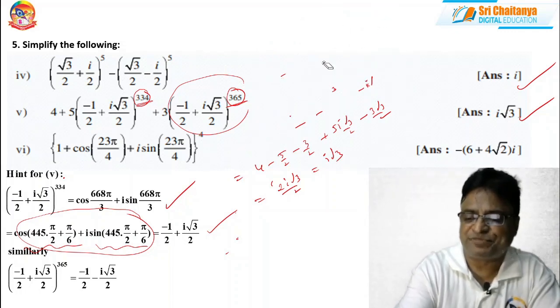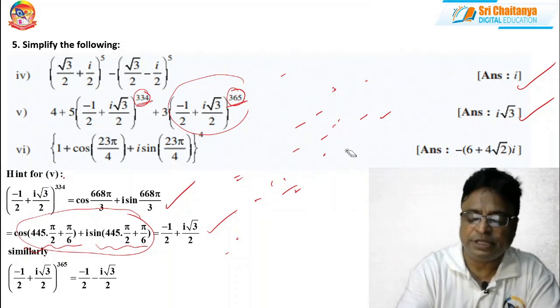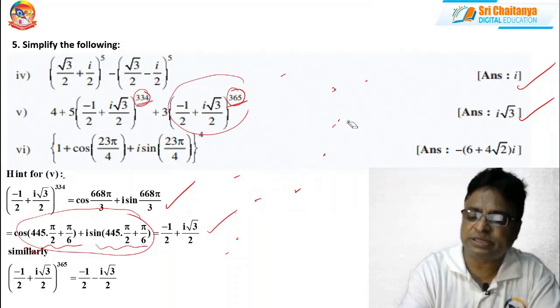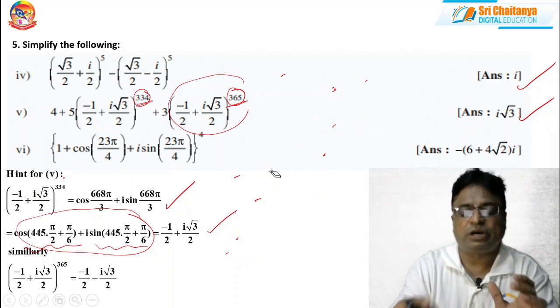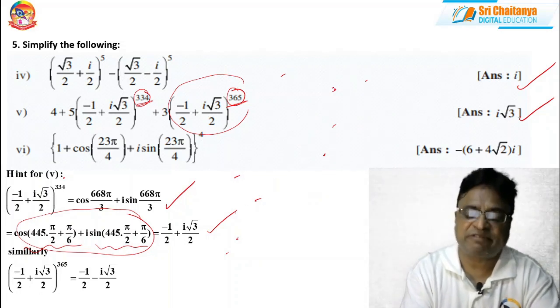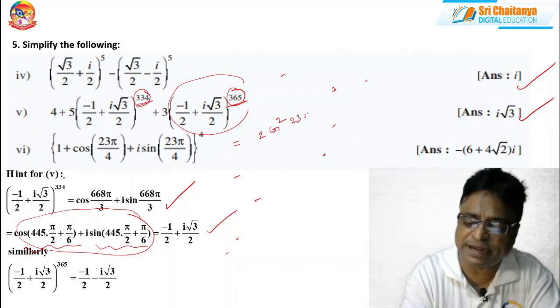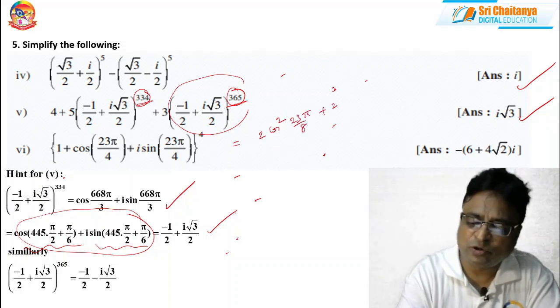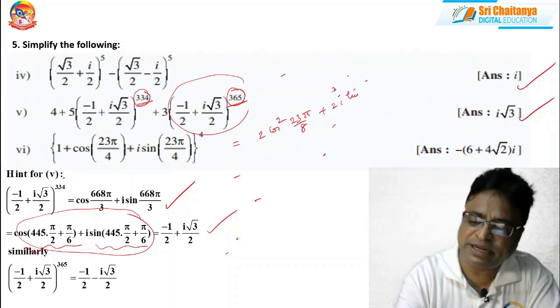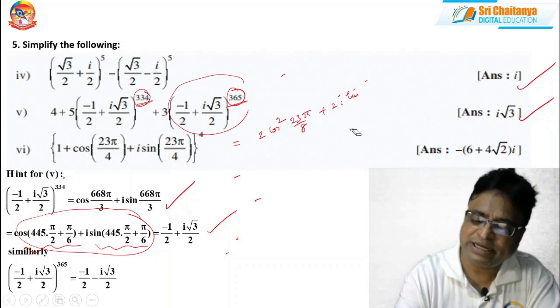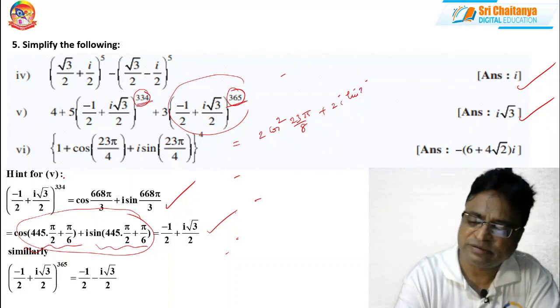Now coming to the sixth problem, here I am giving some hint for you. Here it is not in the form of cos theta plus i sin theta, so some transformation is required. First, 1 plus cos theta, I can write as 2 cos square theta by 2. So 2 cos square 23 pi by 8 plus 2i sin 23 pi by 8 into cos 23 pi by 8, whole power 4.